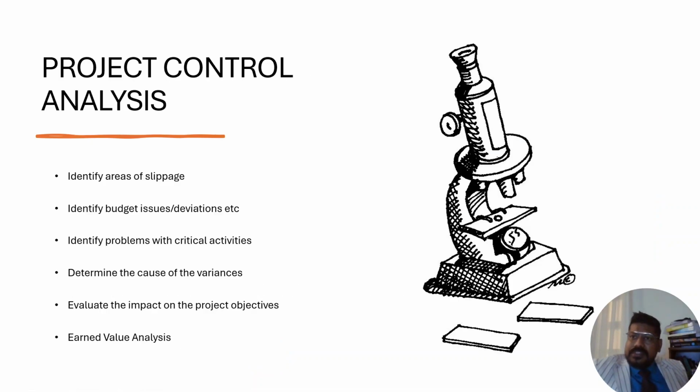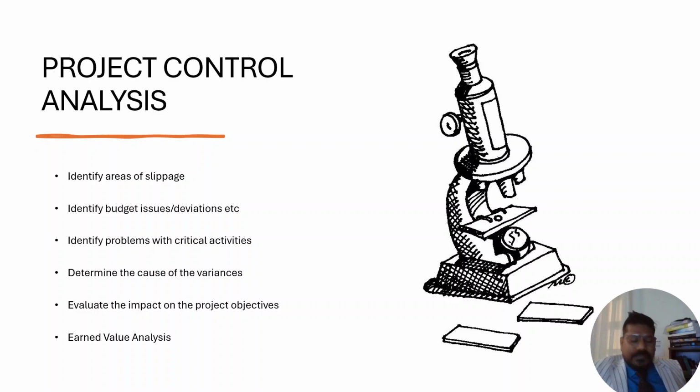Project control analysis: identify areas of slippage, identify budget issues, deviations, etc. Identify problems with critical activities, determine the cause of the variances, evaluate the impact on the project objectives, and earned value analysis. We have things called planned value, earned value, and actual cost.